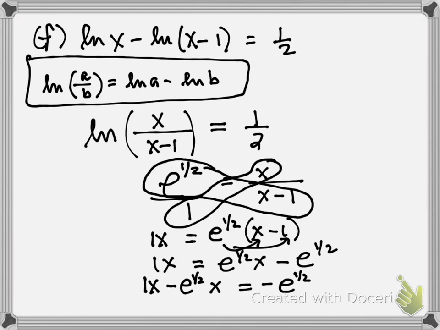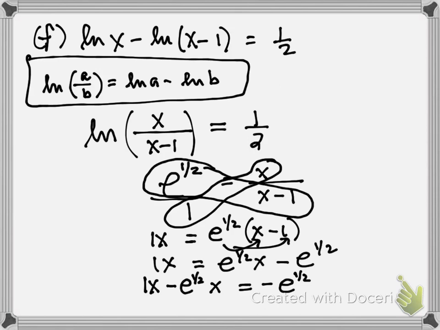I wanted the x's on the left side. Of course, you can also put all the x's on the right side and the negative e to the 1/2 on the left side. You're still going to get the same answer. You learned that from algebra.